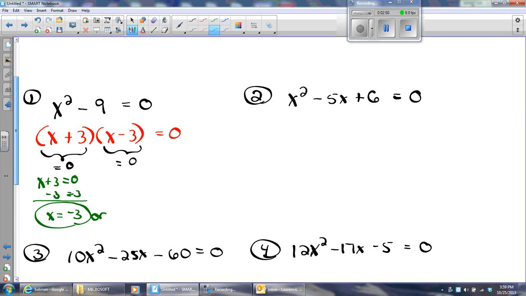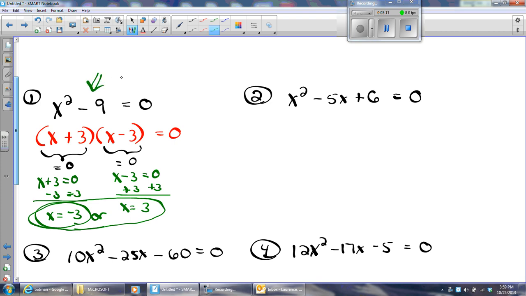Or we're also going to write down x minus 3 equals 0, and we're going to solve for x. Okay, x is going to equal positive 3. So our actual answer here is that x would equal plus or minus 3. Either one of those will give us a 0 for an answer.